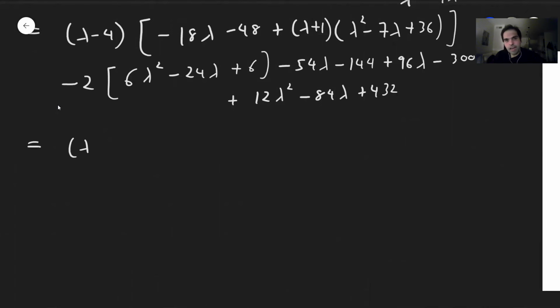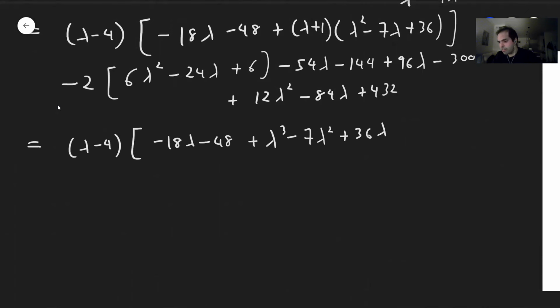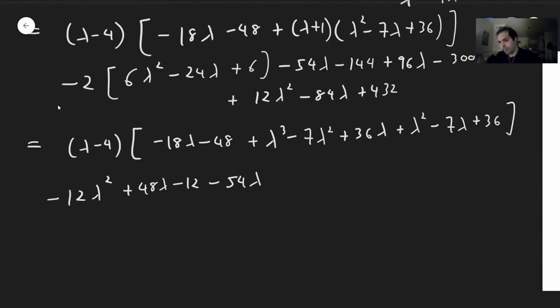So then we get lambda minus 4, and then you expand that out. So minus 18 lambda minus 48, and then plus lambda cubed minus 7 lambda squared plus 36 lambda plus lambda squared minus 7 lambda plus 36. And then again, minus 12 lambda squared plus 48 lambda minus 12 minus 54 lambda minus 144 plus 96 lambda minus 300 plus 12 lambda squared.